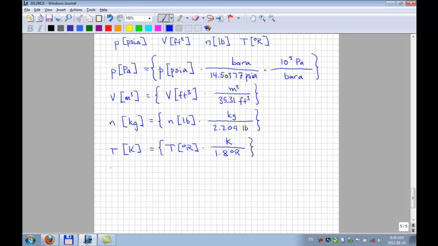We'll write pressure input in PSIA times the conversion 10 to the 5th over 14.50377, I'll simplify a bit there, times volume input in cubic feet with the conversion dividing by 35.31, and that's going to be equal to the moles input in pounds, pound mole, with the conversion to kilogram moles with the 2.2 pounds per kilogram mole.